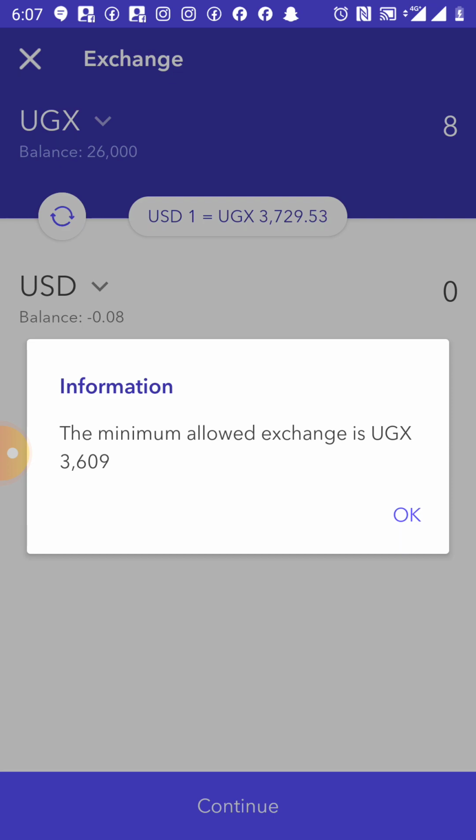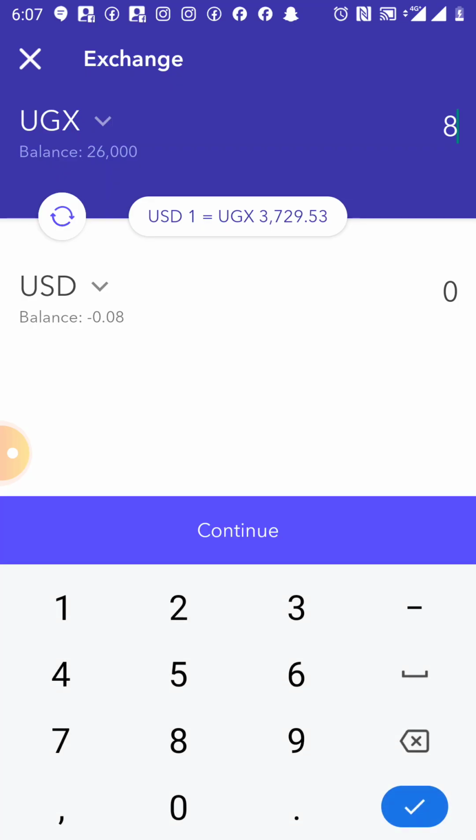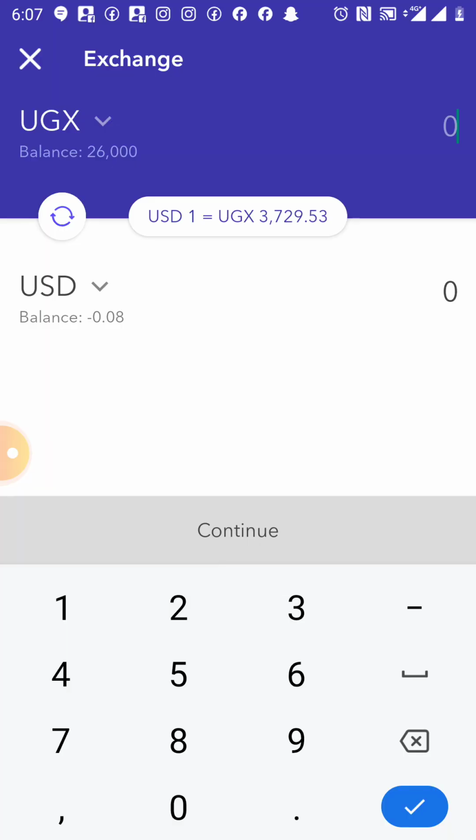So it means that they can't exchange 8 Ugandan shillings. The minimum would be, so if I go for 8,000, if I want to go for 25, because you could calculate it at this rate of 3,729, let us say just 3,800.